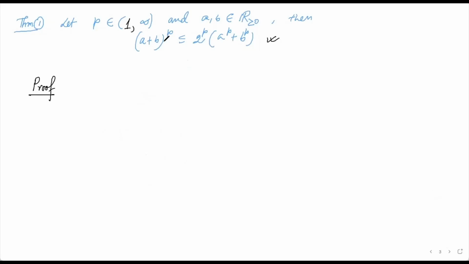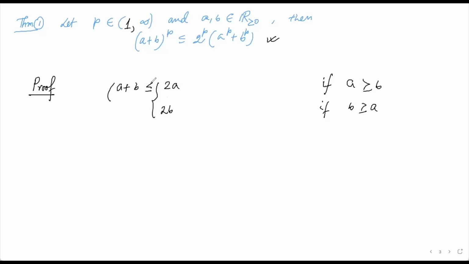First, for every a, b non-negative reals, a plus b is less than or equal to a plus a if a is greater than or equal to b, and b plus b if b is greater than or equal to a. So if a is greater than or equal to b, we replace b by a, and we have a plus b less than or equal to 2a, and similarly a plus b less than or equal to 2b when b is greater than or equal to a.